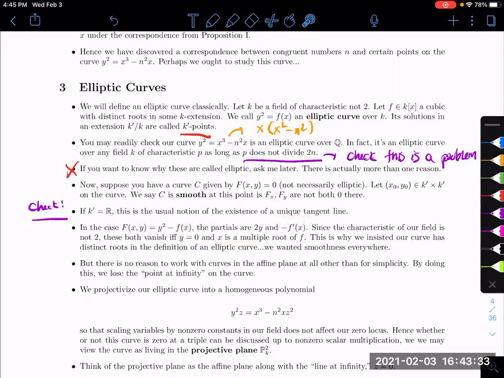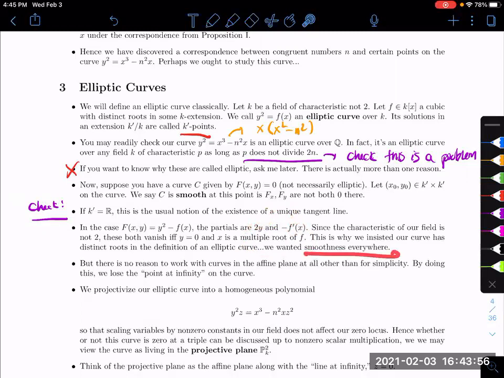So this is why we insisted our elliptic curves had distinct roots in the original definition. It's because by this little analysis, having distinct roots is equivalent to smoothness. Because when you have a multiple root, both of your partials vanish and vice versa, okay?